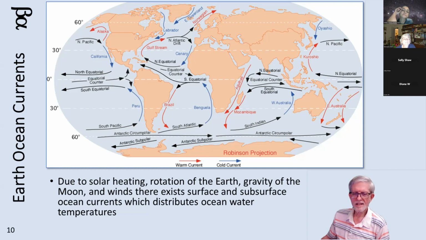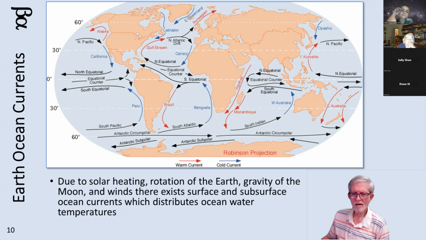Now, you notice that it's black and not blue. So the Gulf Stream actually heats up what would be cooler water from the Labrador, so that Spain and the UK, Ireland, etc., are all warmer during the wintertime than they would otherwise be. Thank you, Gulf Stream.